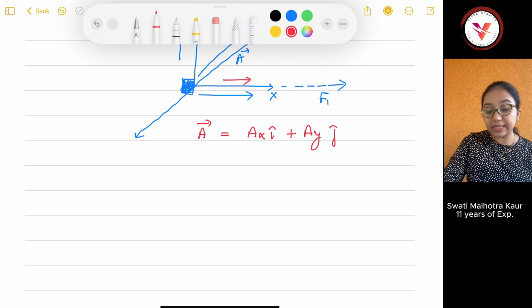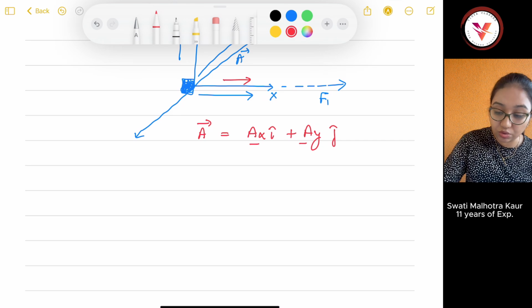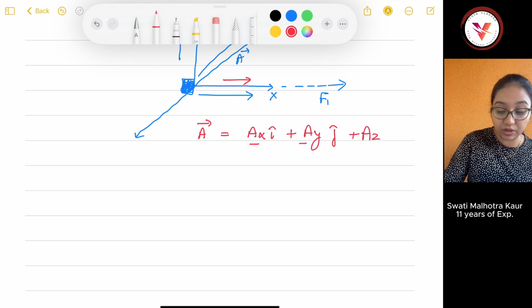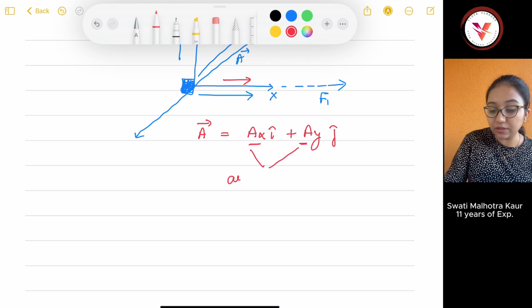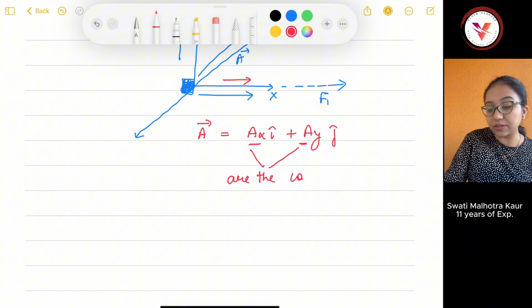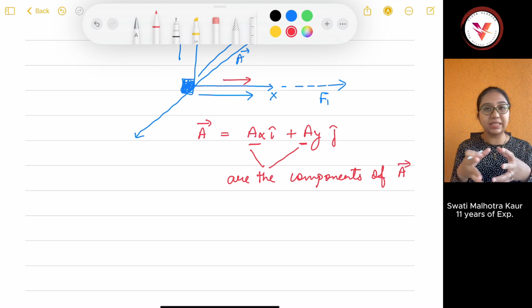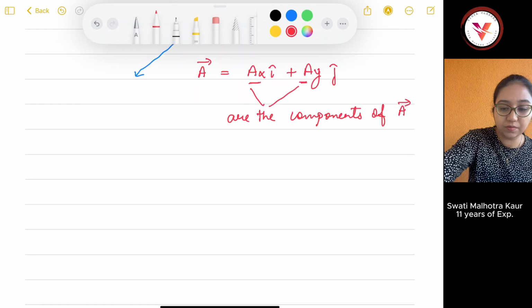Okay, so this AX, AY, and also AZ k cap if you work in 3D, but let's work in 2D right now. So what are this AX and AY? They are the components of A vector. Means they are the parts of A vector whose combined effect gives you the net A vector.